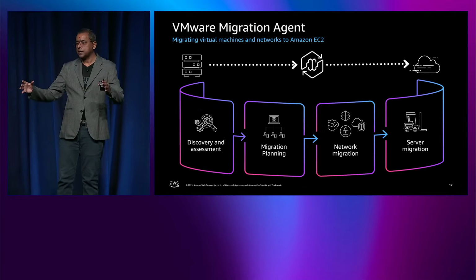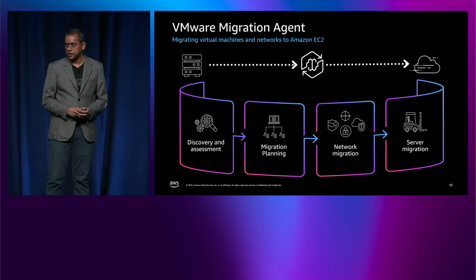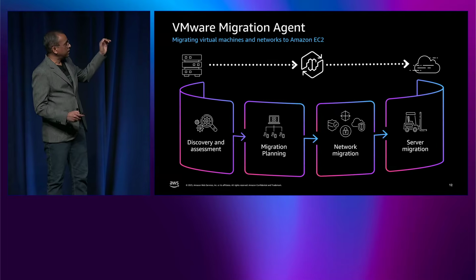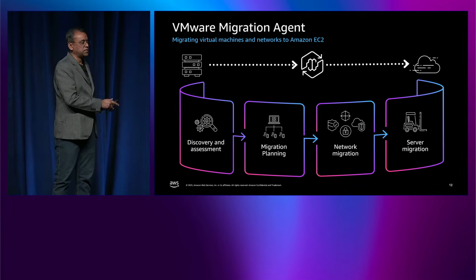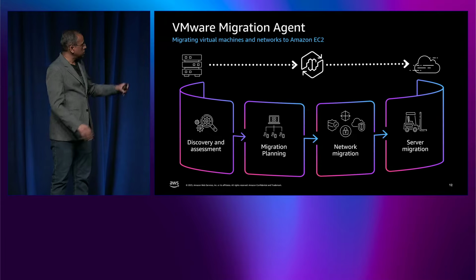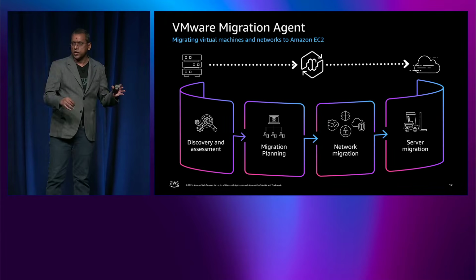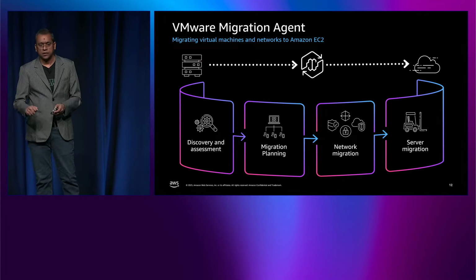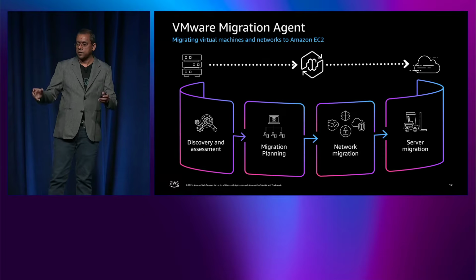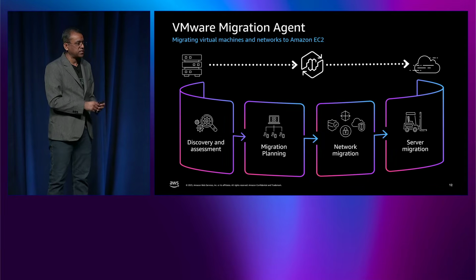So how does that come together in the case of VMware? Think of VMware as a set of distinct tasks, each with its own domain. First, you discover and assess. That's where you create your business case, identify all the dependencies, and create your migration strategy.